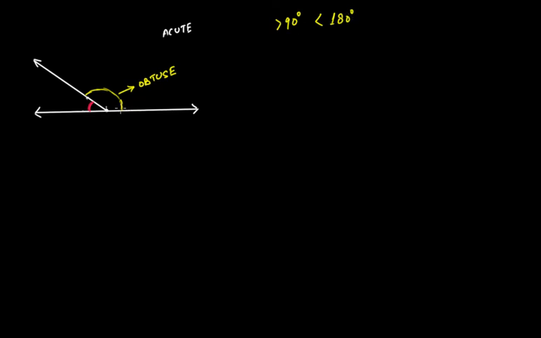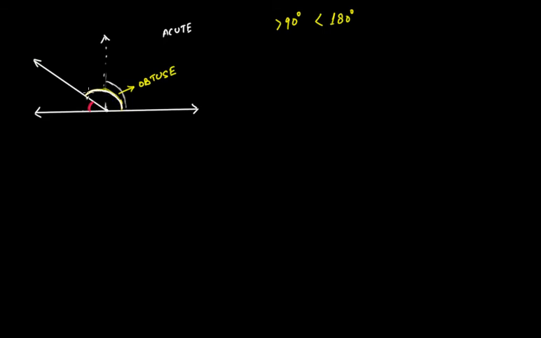Of course, this angle is greater than 90 degree because in order for this angle to be 90 degree, this should have been like this. This ray, if it would have been projected like this, then this angle would be 90 degree. But since it's oriented in this direction, therefore surely this angle that is being made by this ray and this portion of this line is greater than 90 degree.